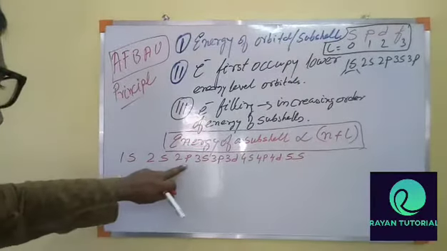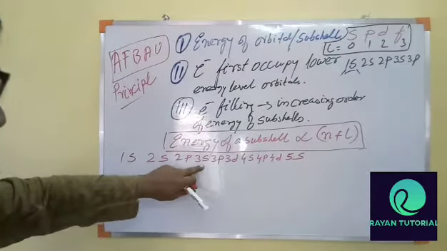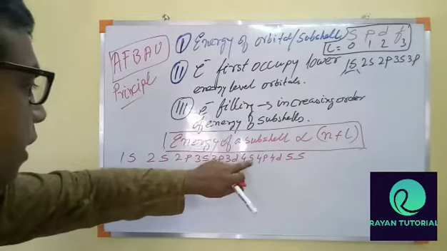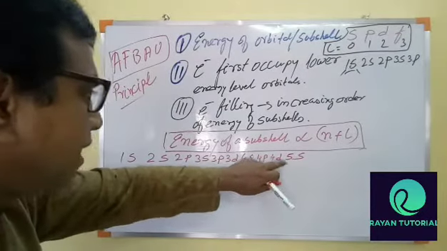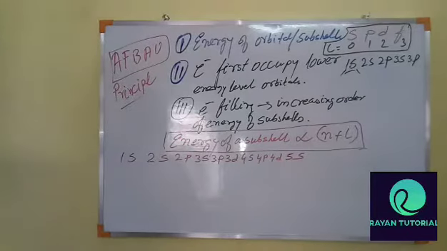So 1s, 2s, 2p, 3s, 3p, 3d, 4s, 4p, 4d, then 5s, 5p, 5d, 5s and so on. Clear?